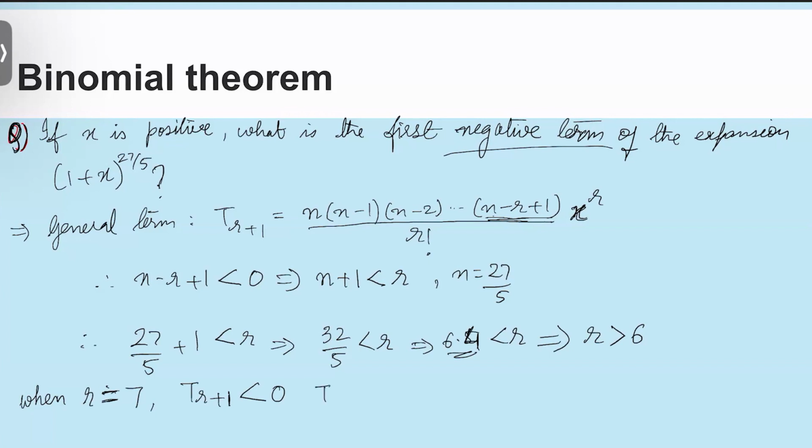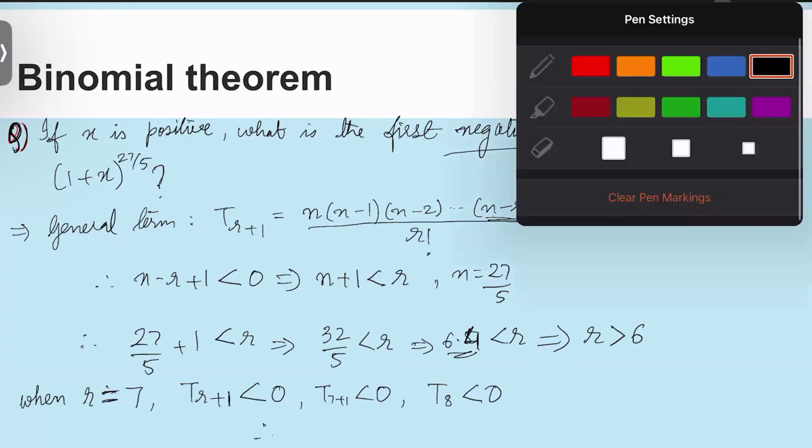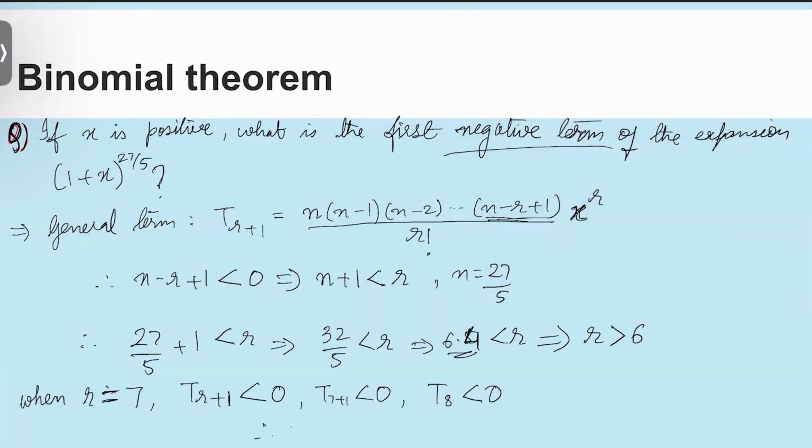So that means this is 7 plus 1 is less than 0. So your eighth term, your T8, will be less than 0. Therefore, we can write the result as that the eighth term is negative, and it is the first negative number that would come when we are dealing with this expansion.